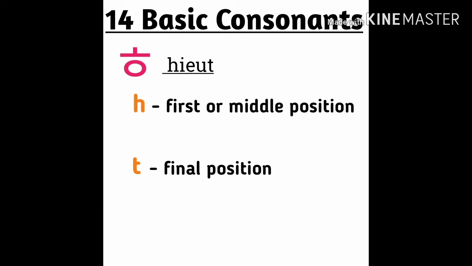The last basic consonant is the consonant hiut. Rules are, if it is placed in the first or middle position, it will sound as h, letter H. Let's say for example, in this word, the hiut is placed in the first position, so it will be pronounced as hana.